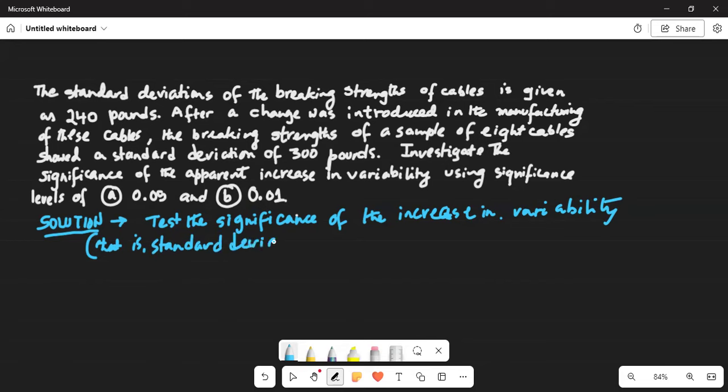Because standard deviation is a measure of the variability in a distribution, we test the standard deviation of the cables at level of significance, alpha. This is the level of significance.